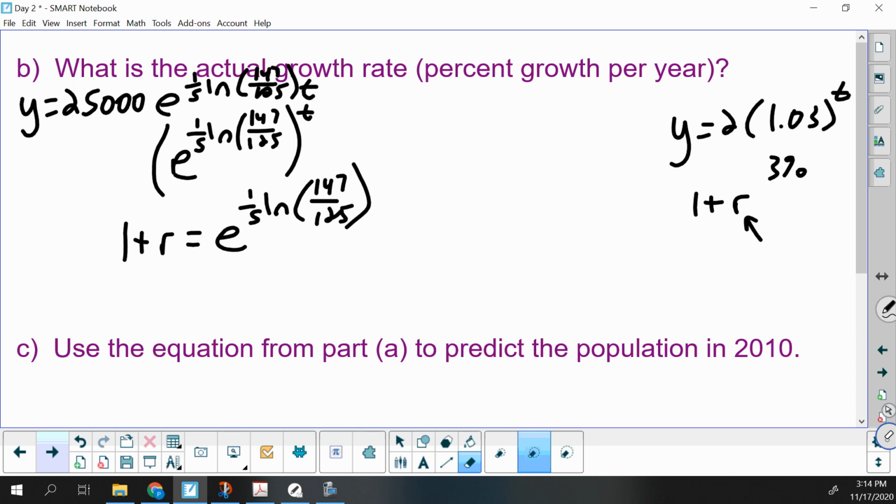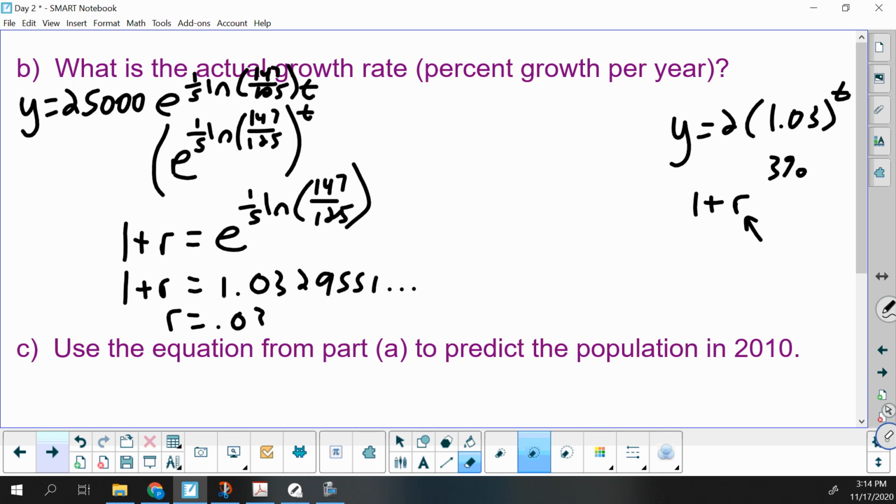So on the right side, that's really some decimal that's 1 point something. So if we punch the right side in the calculator, we'll end up getting 1.0329551 and some other stuff. Subtract the 1 over, so that means r is just 0.0329551 and some other stuff.